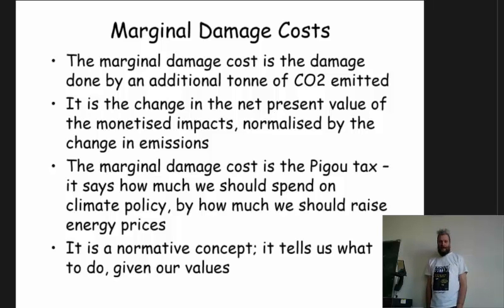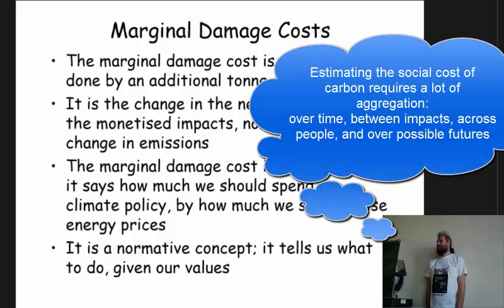And it's also a normative concept in the sense that what we do is we value impact over a large period of time and discount them back to today. So whatever the result will be depends on what we think the discount rate should be. We value impacts over a large number of countries, add them up to a global total.